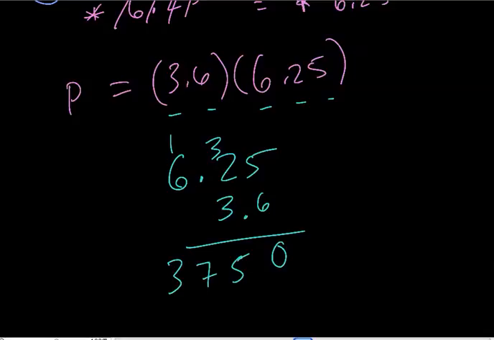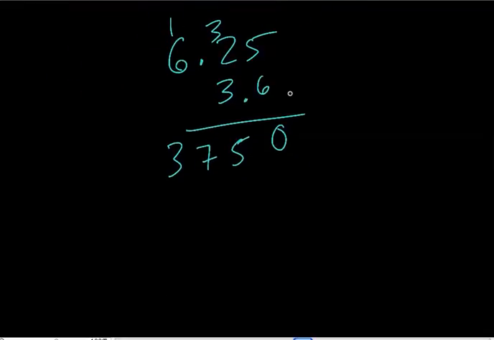Then I put my 0 down, I can't forget that. 2 times 6 is 12. I'm sorry, 2 times 3, I should have put, is 6. Wow, I'm making all kinds of mistakes. 5 times 3 is 15. 2 times 3 is 6, plus 1 is 7. 6 times 3 is 18.